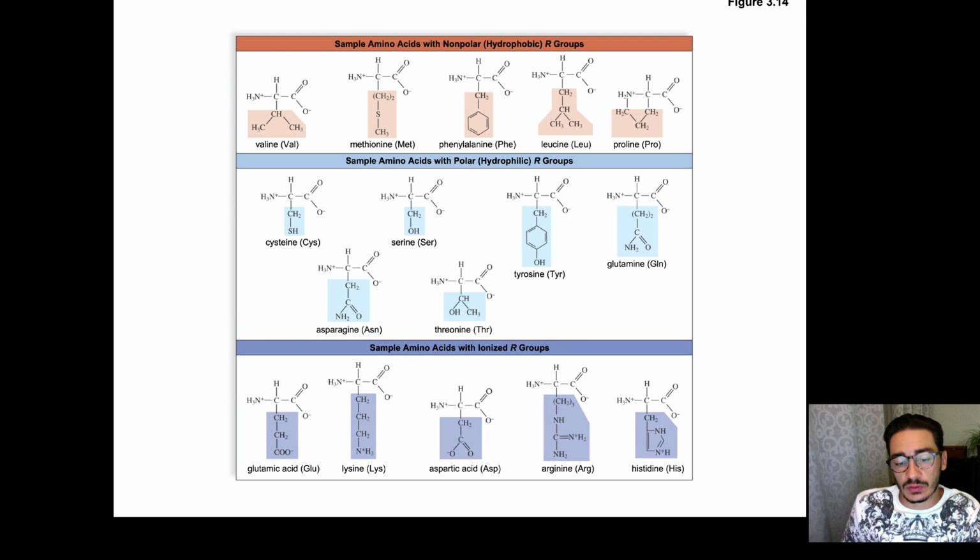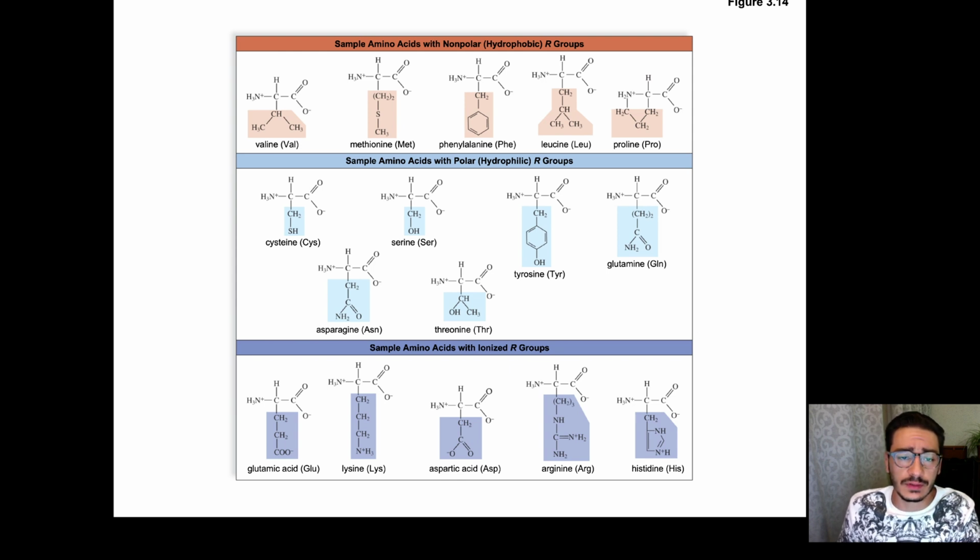We have essential and non-essential amino acids. I don't remember right now exactly how many. I think the ratio is like 9 essential and 11 non-essential, but I might be mistaken.